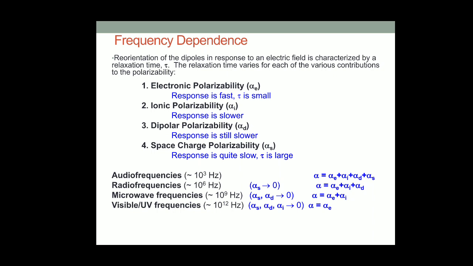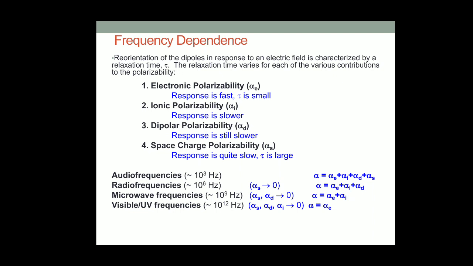Therefore, even for very high frequency applied voltage, this kind of polarization occurs during every cycle of the applied voltage. The relaxation time is small for the electronic polarizability, but response is very fast.